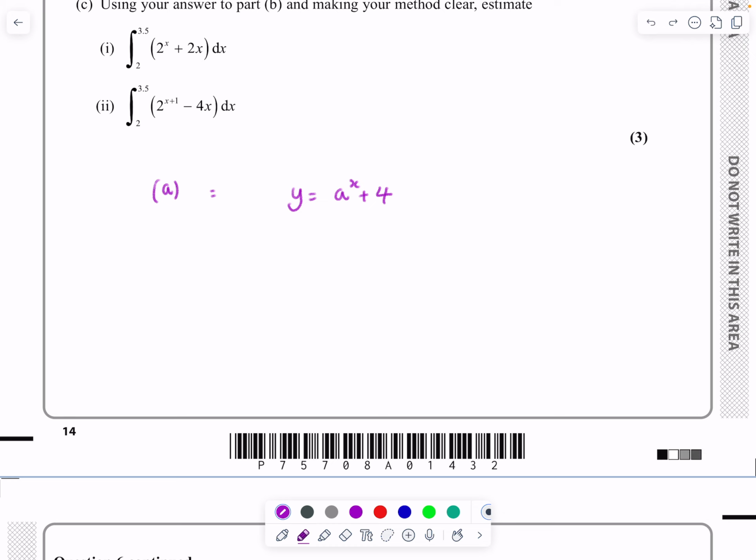First thing I would do is I would say for this, when x is equal to 0, we're going to get y equals a to the 0 plus 4, which is 1 plus 4, which equals 5. And for the asymptote, y asymptote is going to be at y equals 4.